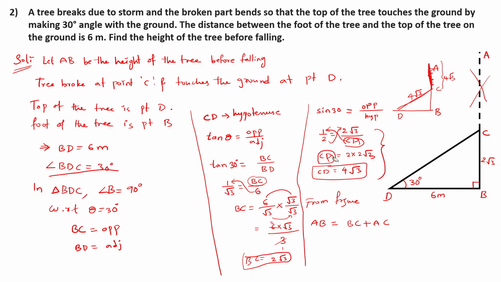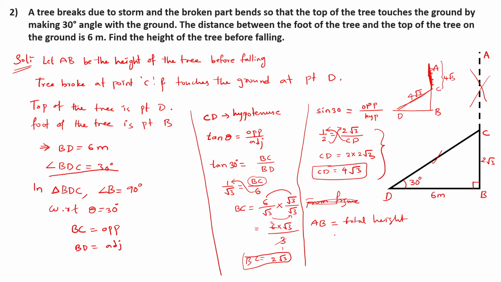But while writing, we must not write CA here. So from figure you can see it as BC plus AC. Okay, but we did not find AC value directly, and still it is equal to CD only. So what we write here is, from figure, AB is nothing but total height of the tree.